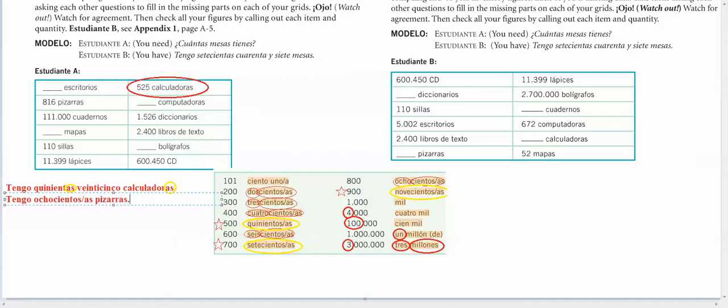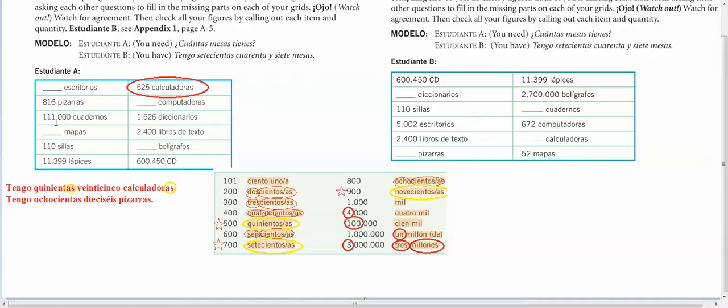Well, because pizarras is feminine, I make it, oh, I'm sorry, it's 816 pizarras. So even though the hundreds isn't right next to it, because what I'm describing as being 800 are the pizarras, I have to choose 800, okay?